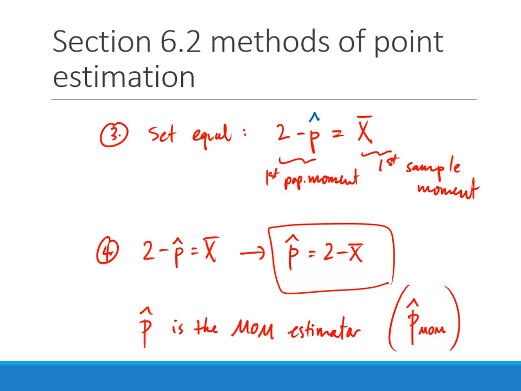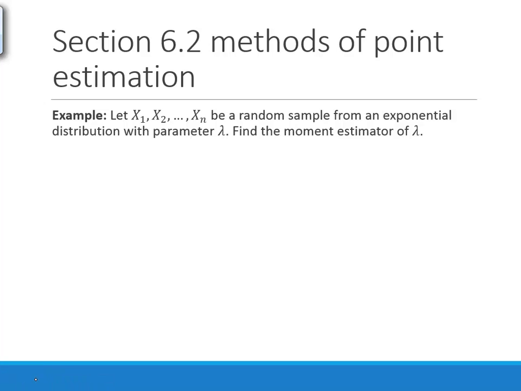Let's do a few more examples here, starting out with still these sort of simple cases. So now let's go back to a sort of typical example. I have a random sample from an exponential distribution with parameter lambda, and I want to find the moment estimator of lambda. Okay, so again, I just have one parameter that I want to estimate, so m equals 1.